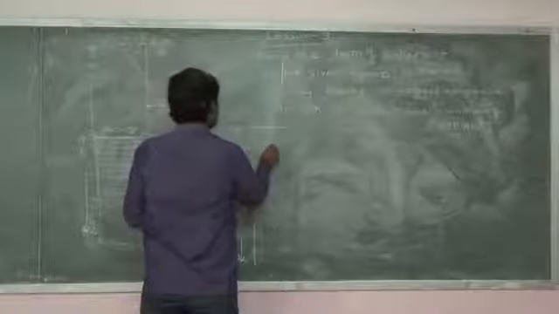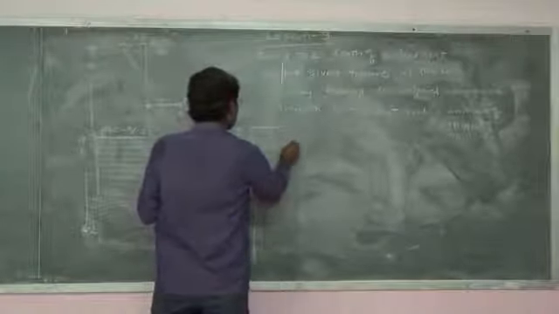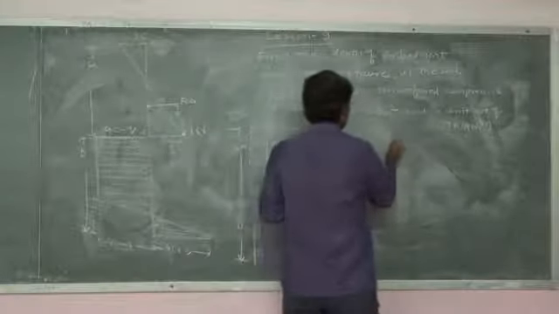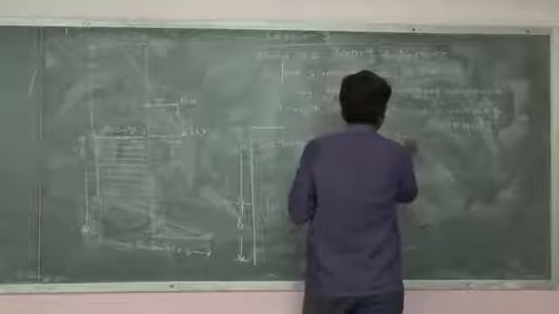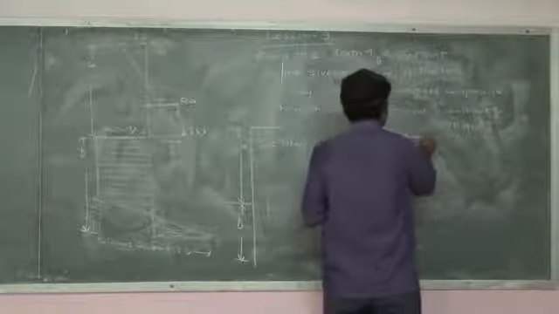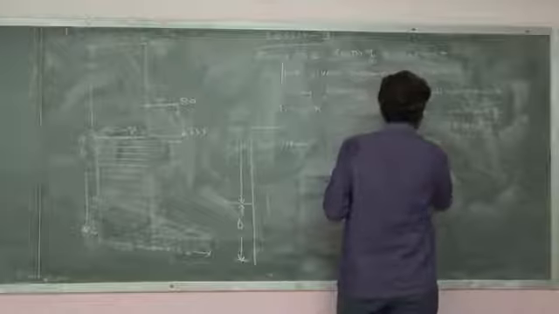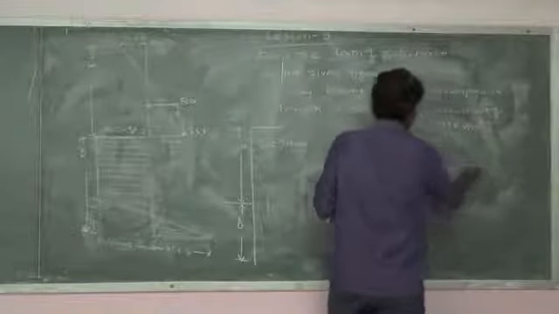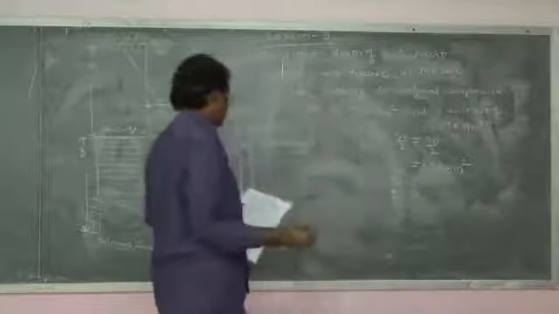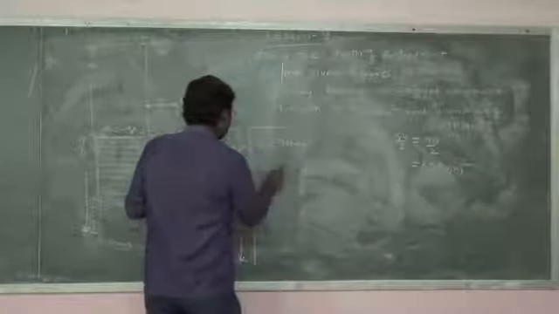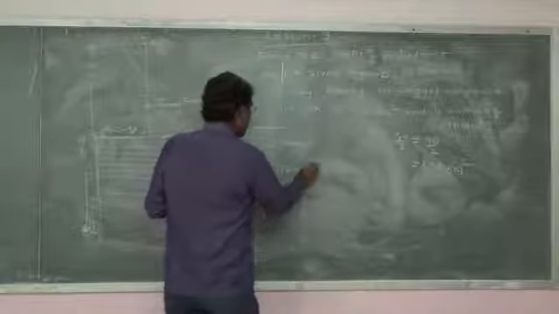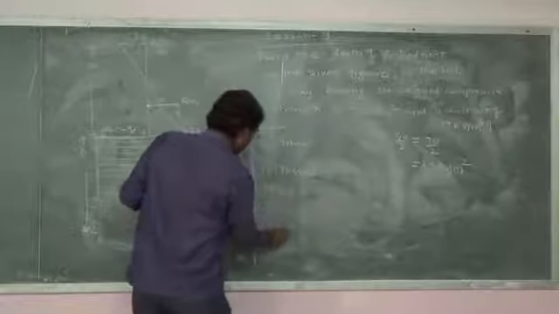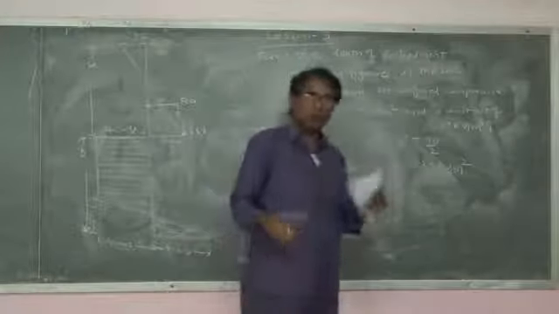Unconfined means qu is given. qu is 70 kilonewton per meter square, and you know very well that cu or c is equal to qu by 2, and this is 70 by 2, which is going to be 35 kilonewton per meter square. Gamma is given here, 17 kilonewton per meter cube, and it is clay above and below.